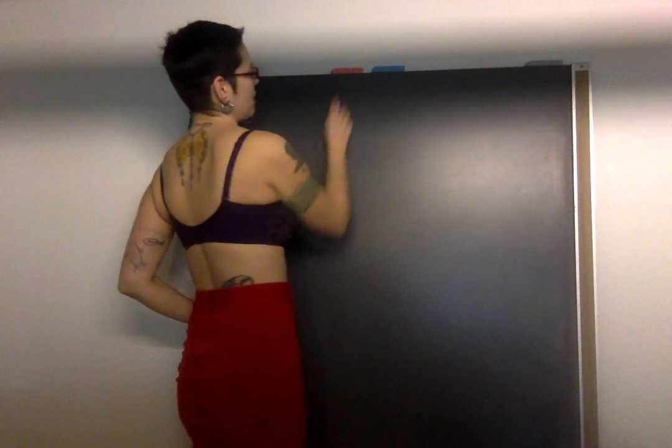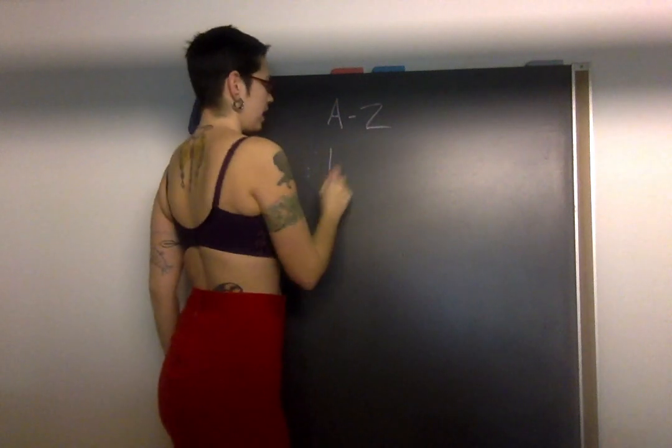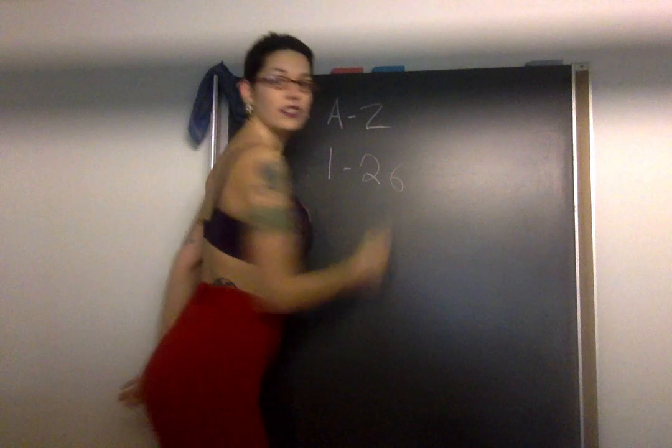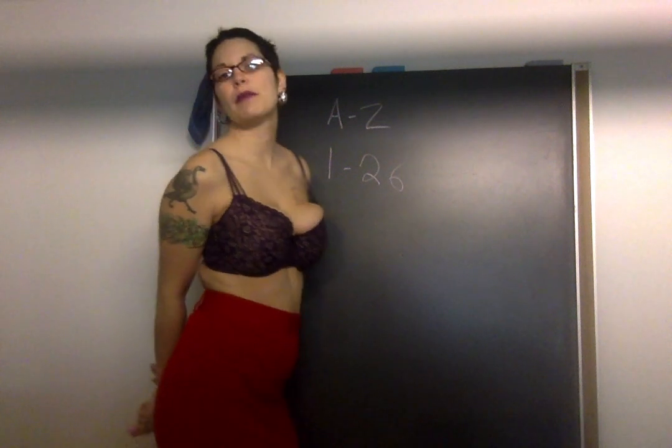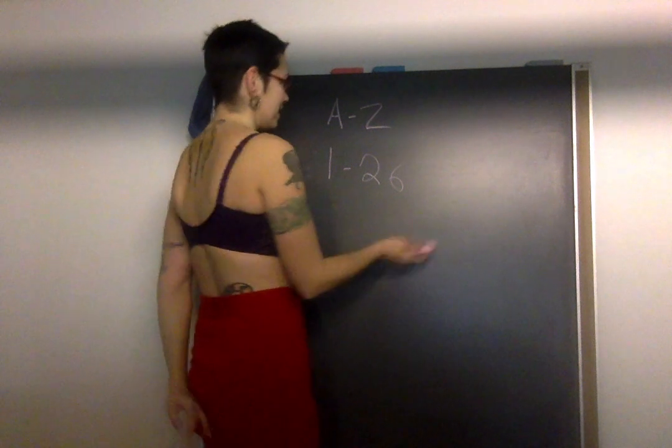Let's look at some examples of mathematical sets. So if I were to take the letters of the alphabet from A to Z, and the numbers from 1 to 26, I could come up with a very, very clear, very, very obvious bijective correspondence.